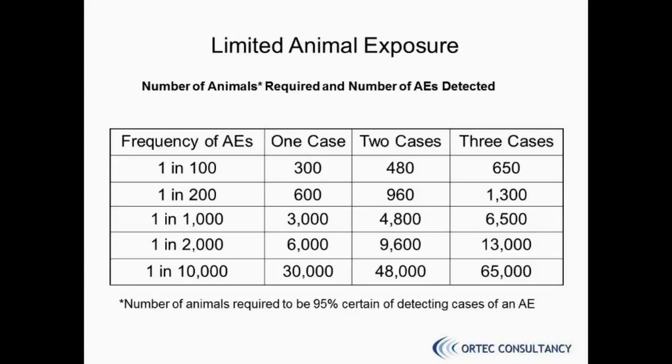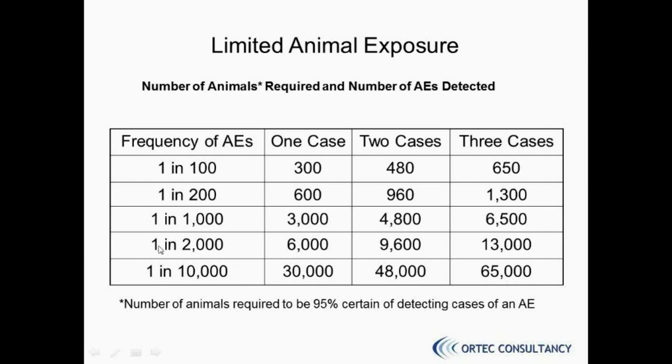Now, I thought it was interesting to turn the table I showed you on itself and look at it in a different way and look at the number of animals required and the number of AEs detected. So even if we were trying, with 3 cases, to get a 1 in 10,000 frequency, we would still need 65,000 animals to be treated with that product.